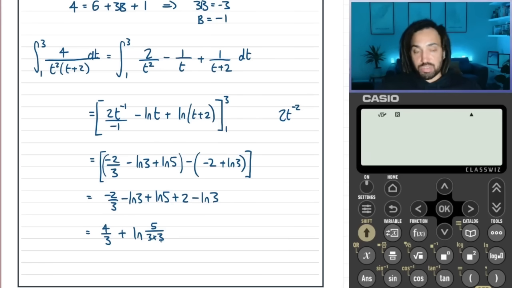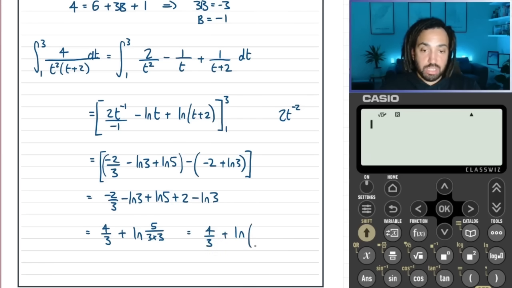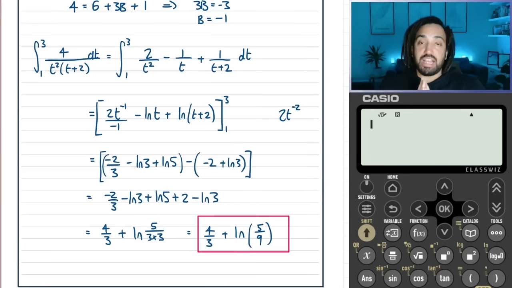If you are subtracting a ln, you need to divide by that input. So we've got positive 5 and 2 negative 3s, so it's going to be 5 over 3 and a 3. Okay, great. So let's finish this off then. It's 4/3 plus ln of 5 over 9. Perfect. And that's a wrap.